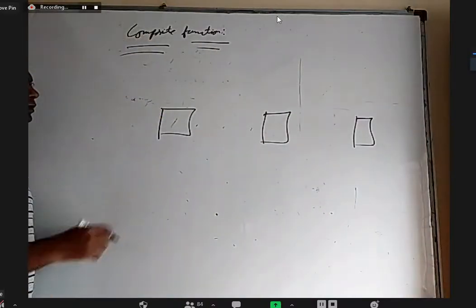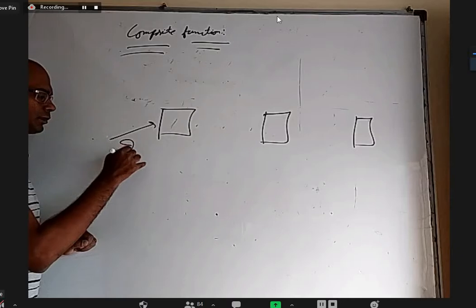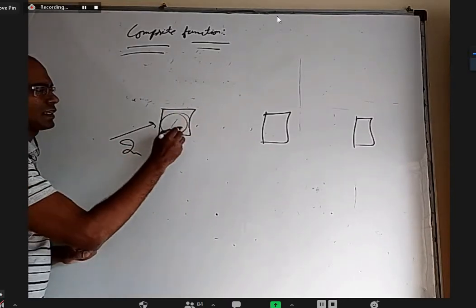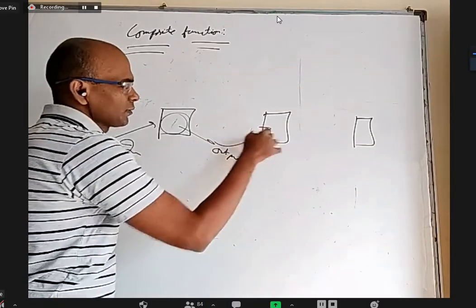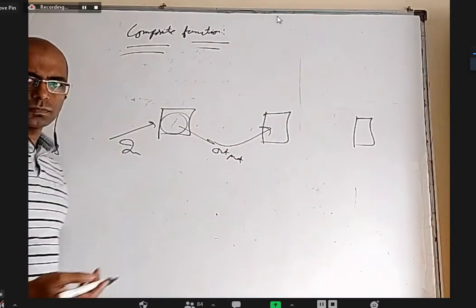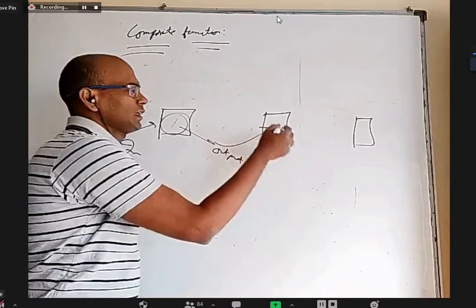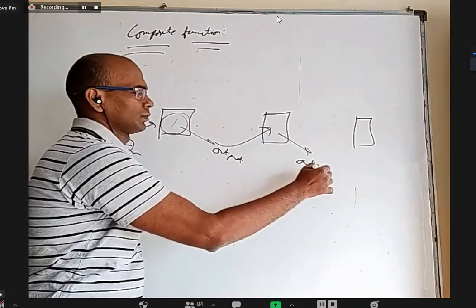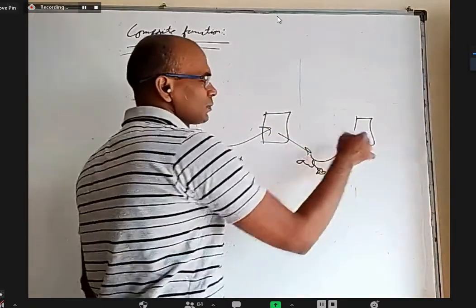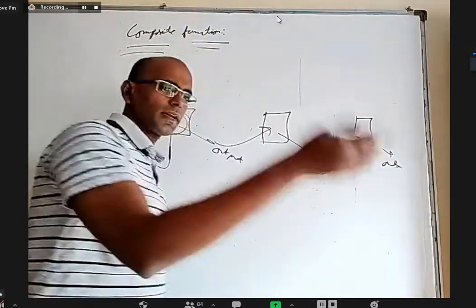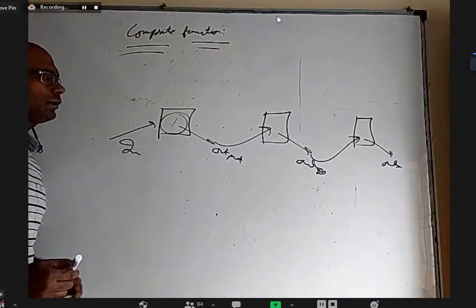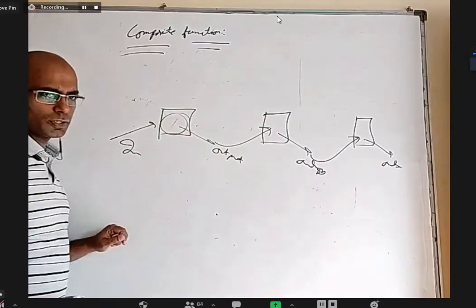I can give some input here, it will do some processing and some output will come. That output can be given as input to another machine, which gives some other output. That can be given as input to some other machine for another output. You can have as many as you want. This is basically a composite function. All right.